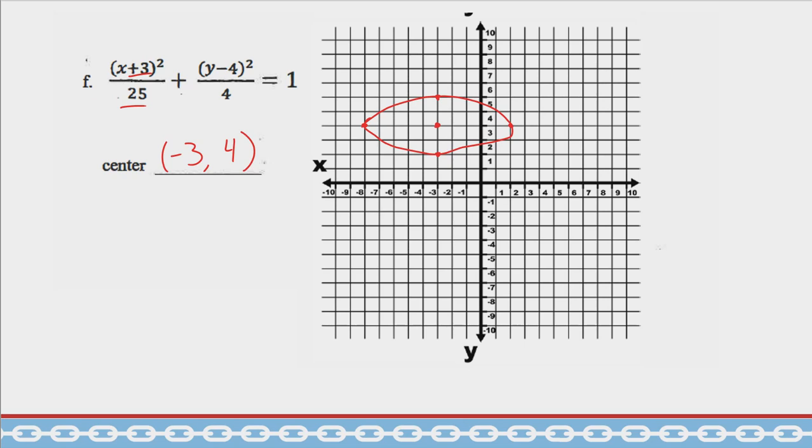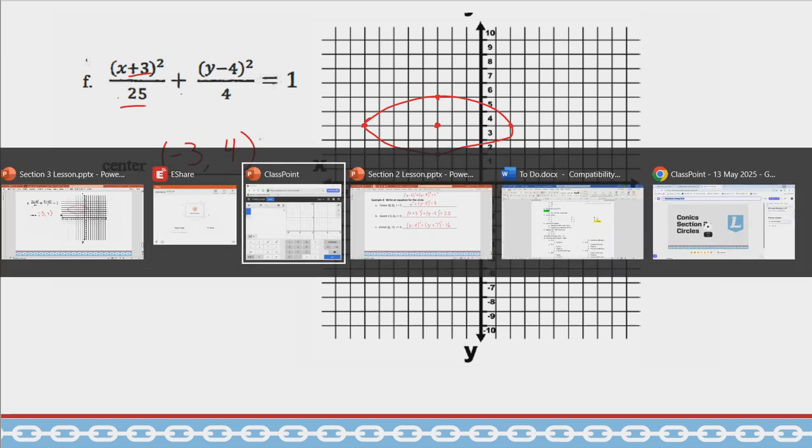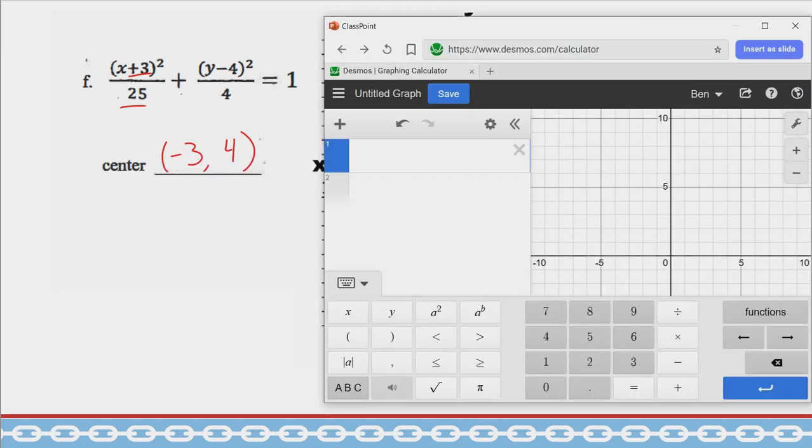If you need help or you want a more perfect graph, you can use Desmos. So x plus 3 squared. And then if I hit the divided by sign, it just pops right into the denominator. Hit your right arrow to get out of denominator mode. Right? Y minus 4 squared over 4.